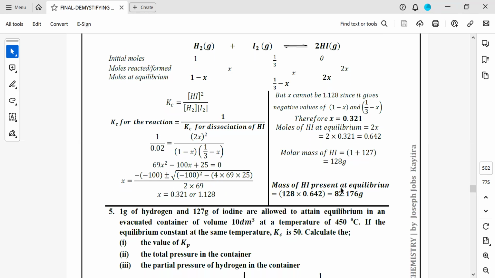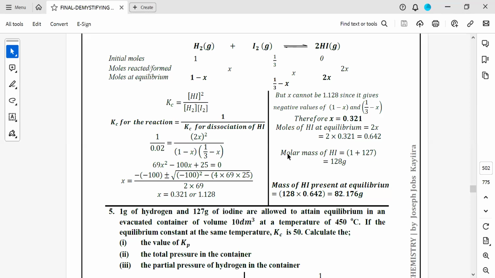So we have another number here on partial pressures. It's saying 1 gram of hydrogen and 127 grams of iodine are allowed to obtain equilibrium in an evacuated container of volume 10 decimeters cubed at a temperature of 450 degrees.